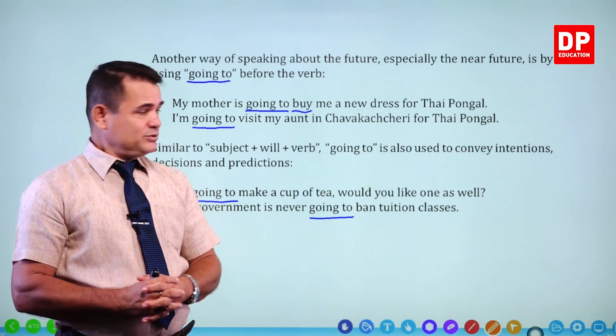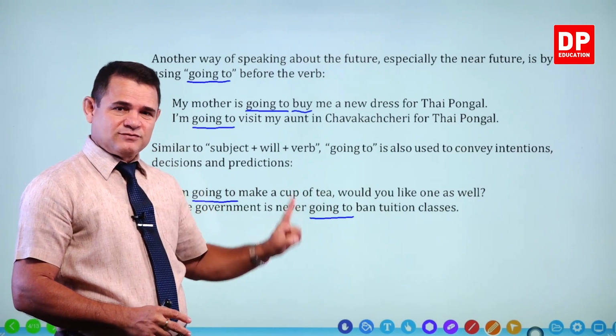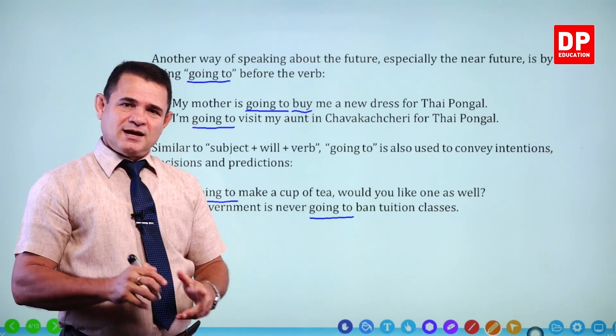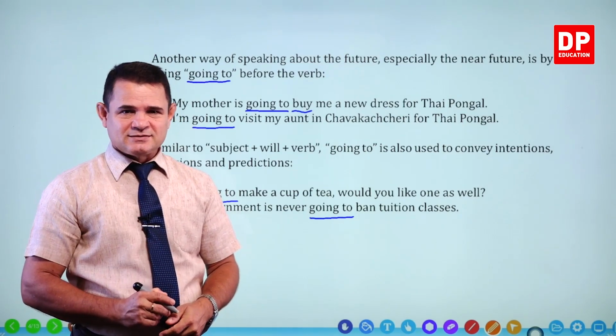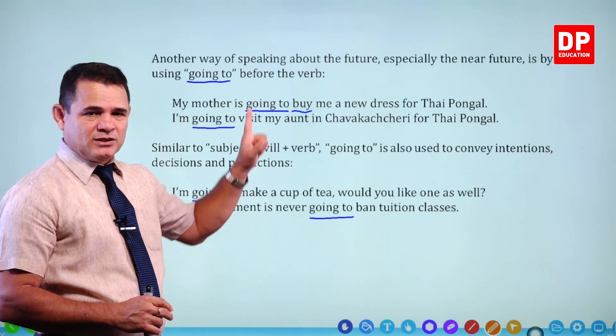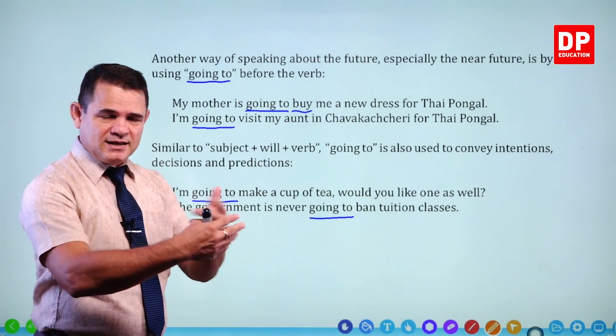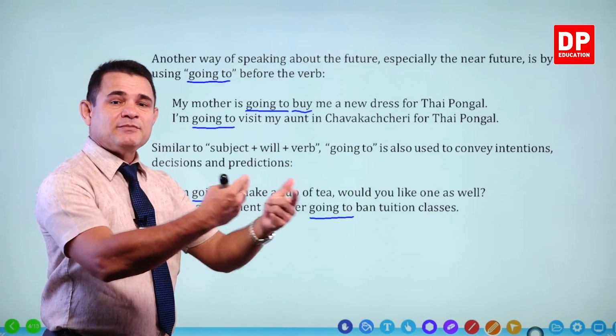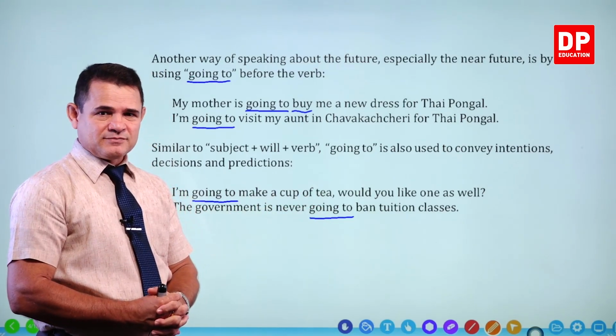I'm going to, then the first form of the verb. So practice more and more sentences and write more and more sentences, right? And you can express your ideas in this way.